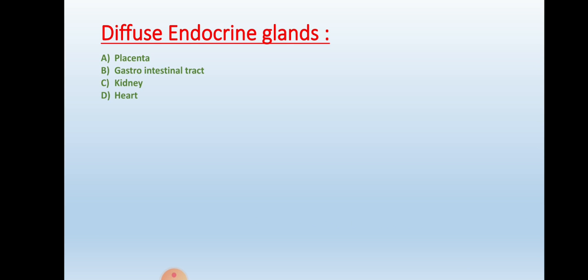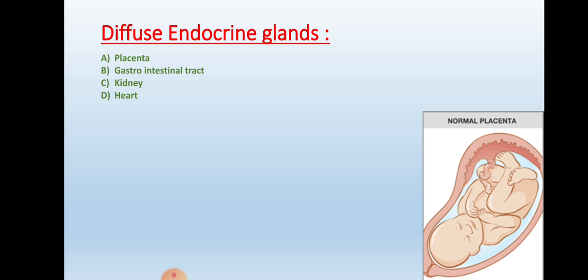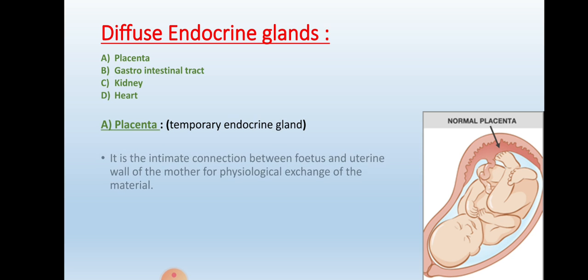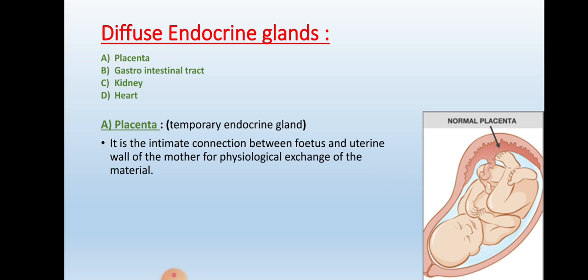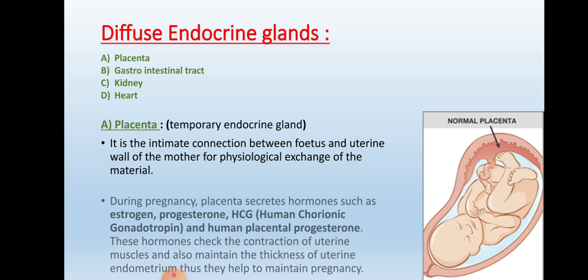Then in diffuse endocrine glands there are four glands: placenta, gastrointestinal tract, kidney and heart. Now the placenta can be seen here. When the child is in the mother's womb, its connection is through the umbilical cord, and the umbilical cord is connected to the placenta. It is a temporary endocrine gland. It is the intimate connection between fetus and uterine wall of the mother for physiological exchange of material.